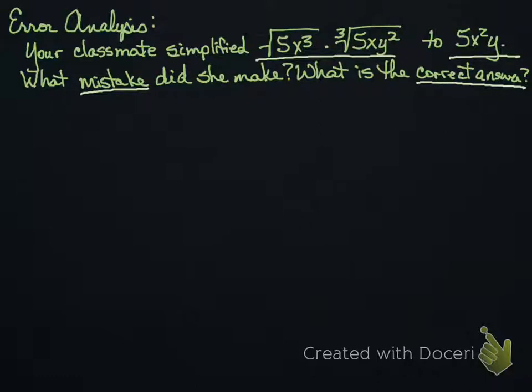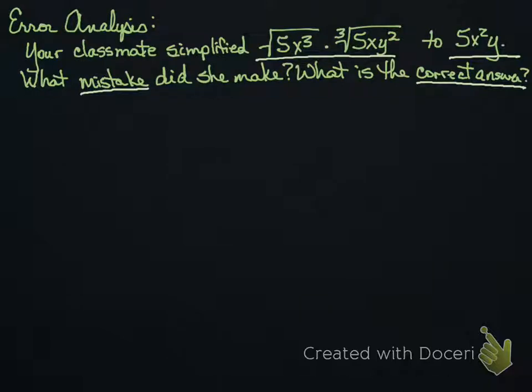Your classmate simplified the square root of 5x to the third times the cube root of 5xy squared. And they gave them 5x squared times y. What mistake did she make? And what is the correct answer?